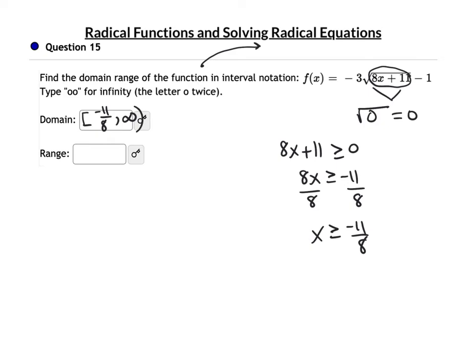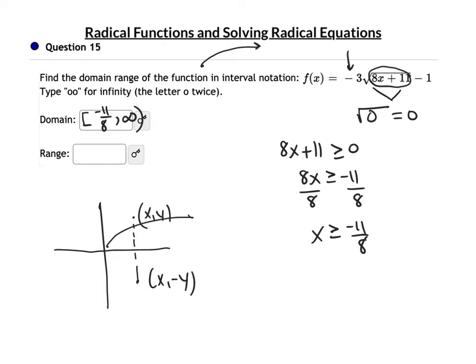The range gets affected by this negative because every y value becomes the opposite of what it is. Keep in mind that means that a point up in quadrant 1, an x and a y, will drop down over here and be x, negative y, the opposite.